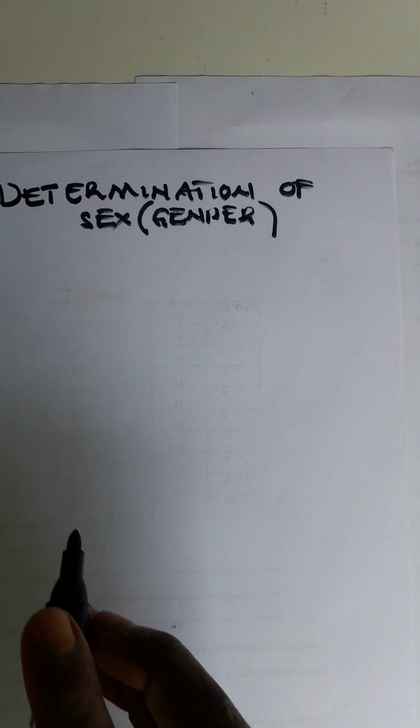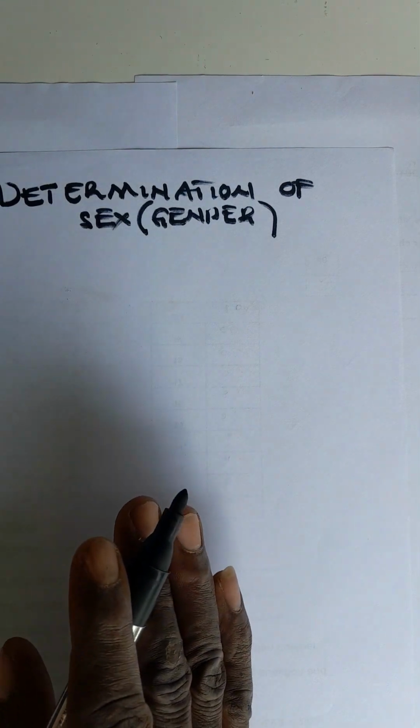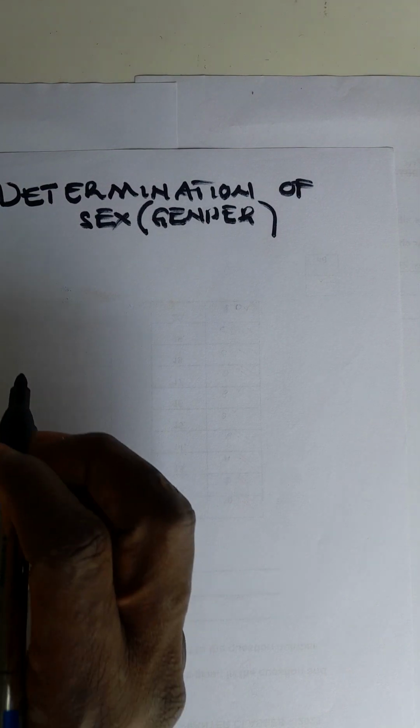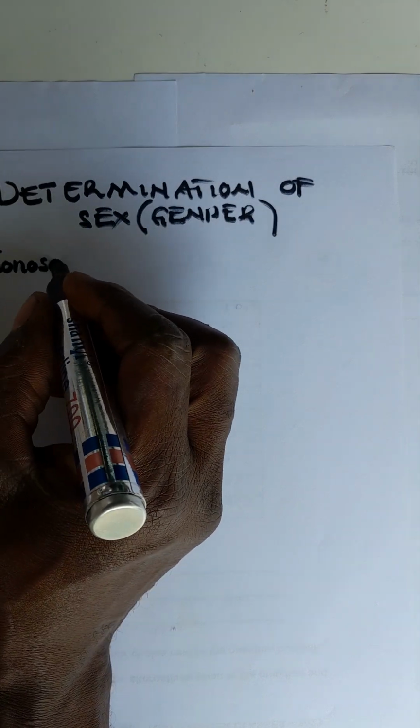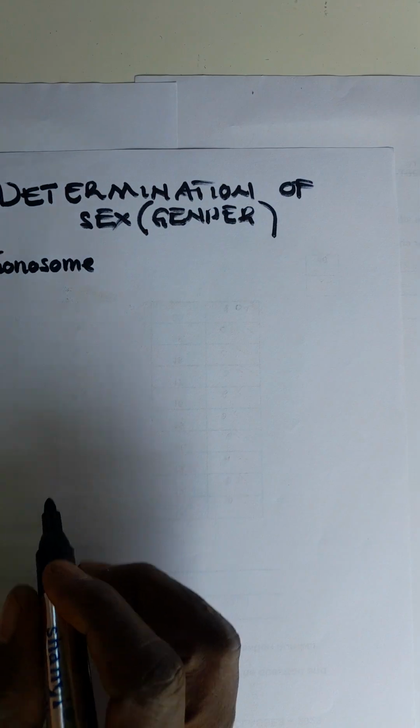I want to bring to you understanding, friends, that the gender of a child is determined by both the father and the mother, or the male and the female. So now, before we look at the genetic cross, as in how this occurs, I would want us to look at this scenario. We all remember that in the gonosome are the sex chromosomes, right?